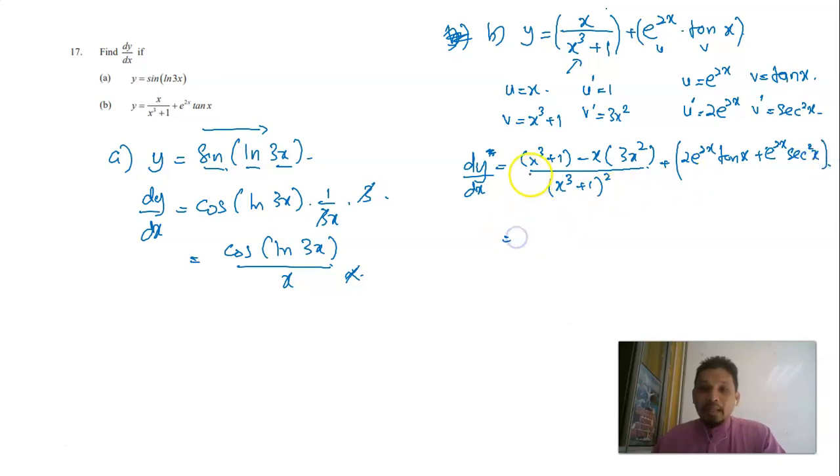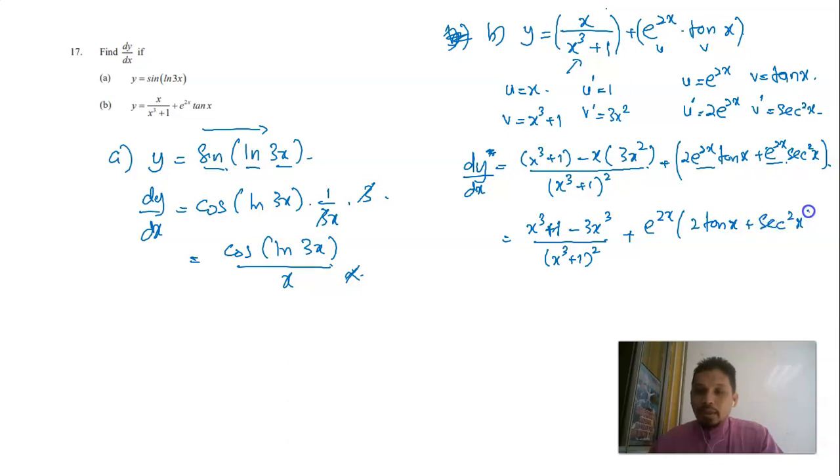Okay, so then x cubed plus 1 minus 3x cubed divided by x cubed plus 1 squared, plus this one here, e power of 2x and e power of 2x, so then e power of 2x times 2 tangent x plus secant square x.